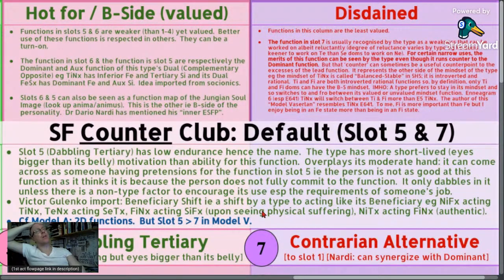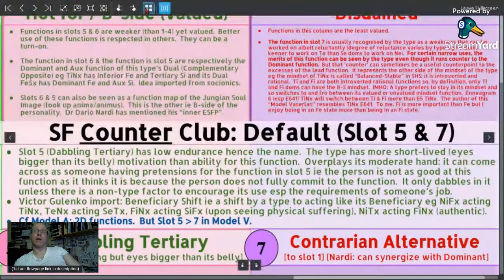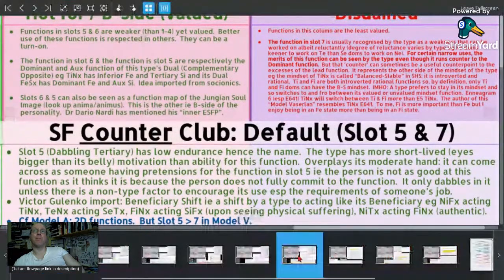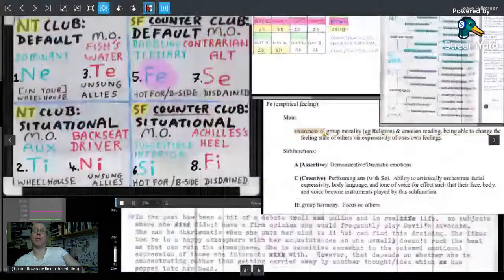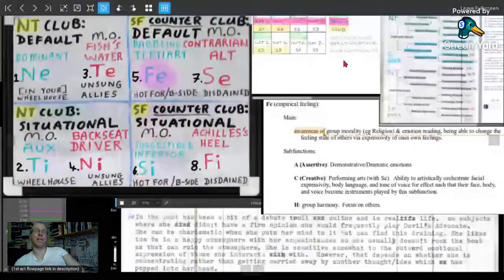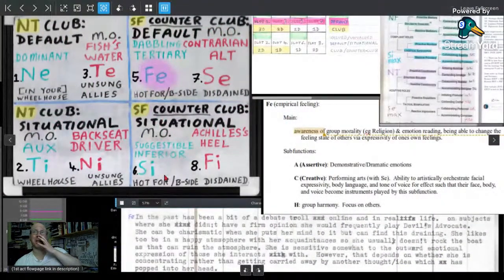So they are motivated and launched by the FE. But again, it's dabbling. It's not the main thing. It's a counter club function. It's not an NT function. Right. So, again, attracted towards FE, more attracted towards SI.